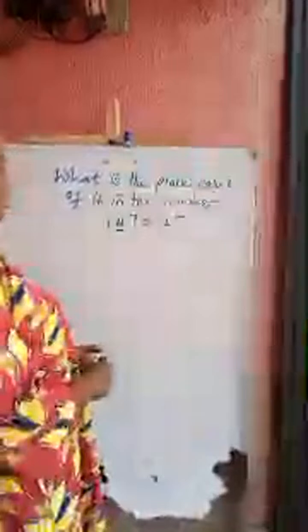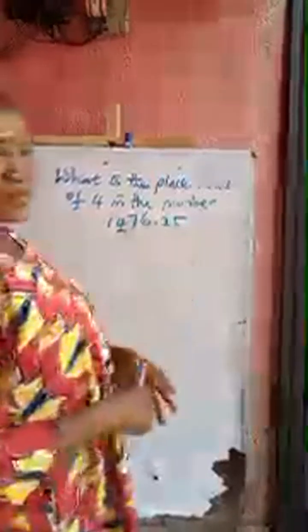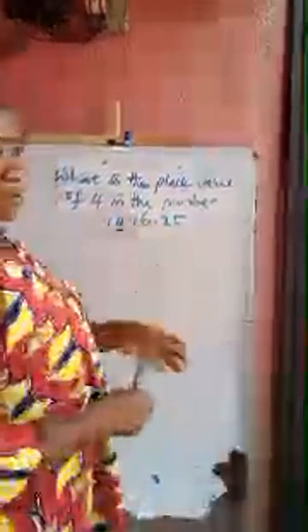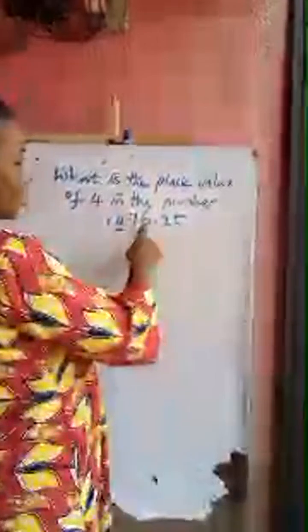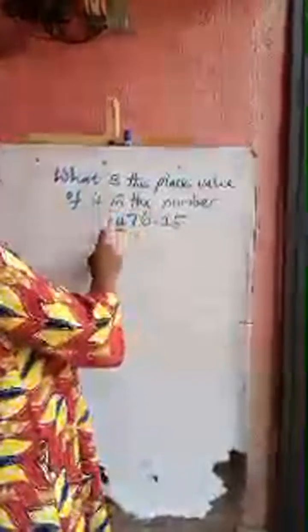Now, the place value of 2, that is after the decimal point, is 1/10, while 5 is 1/100. Before the decimal point, the first digit, which is 6, is units, then tens, hundred, thousand.